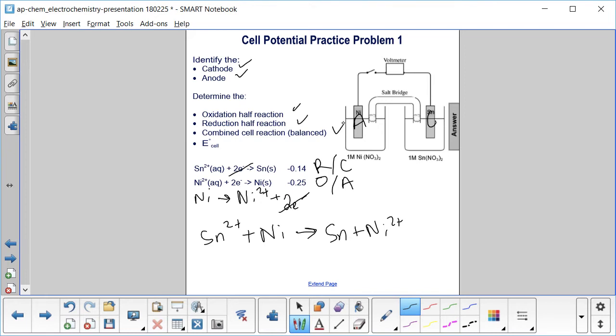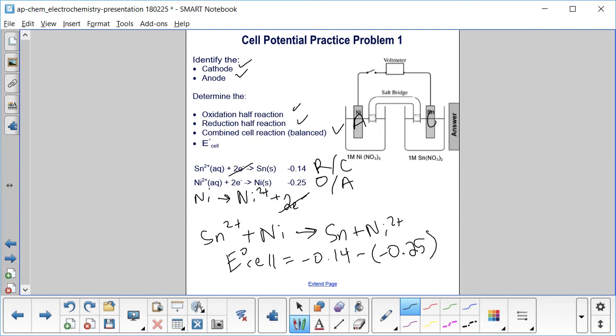Okay, and then the E cell. The E cell is the standard reduction potential of the cathode minus the anode. So the cathode is minus 0.14 minus the anode, minus 0.25.